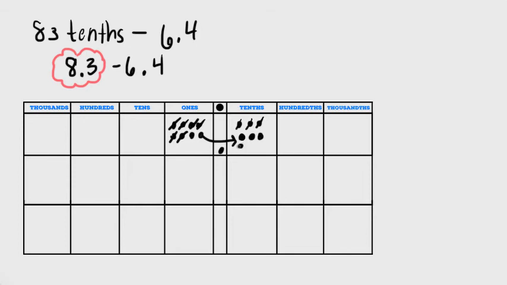So in this case, we're going to add 10 dots, and then we can take away that 4. And we are left with, this one is now gone because we borrowed it and it's over here, and so we're left with 1 and 9 tenths. If you count these up, there's 9 here because we took away 1.